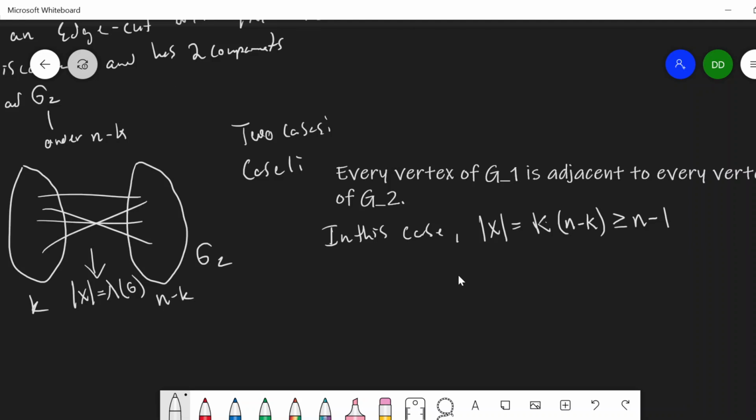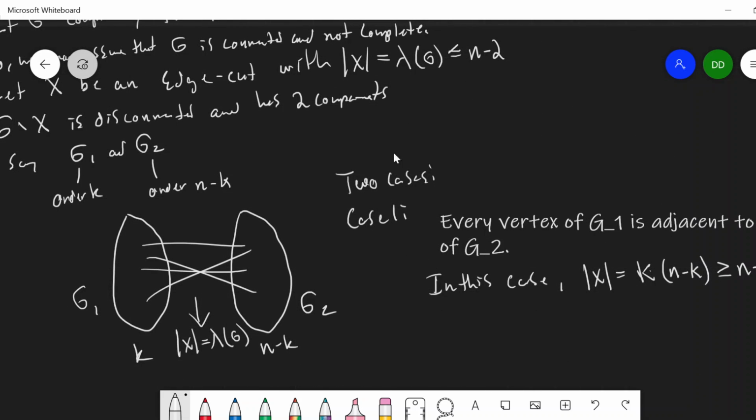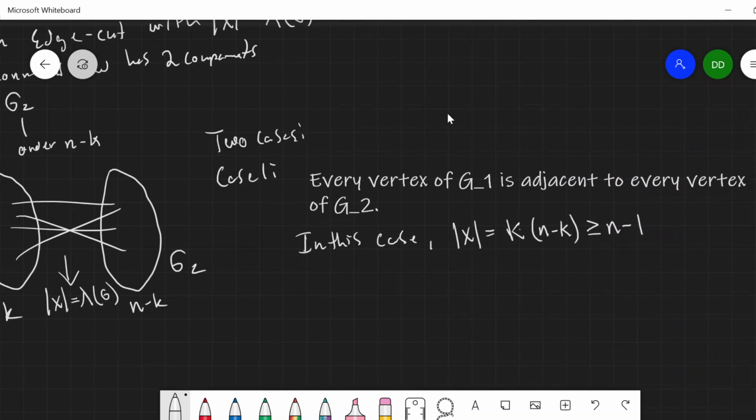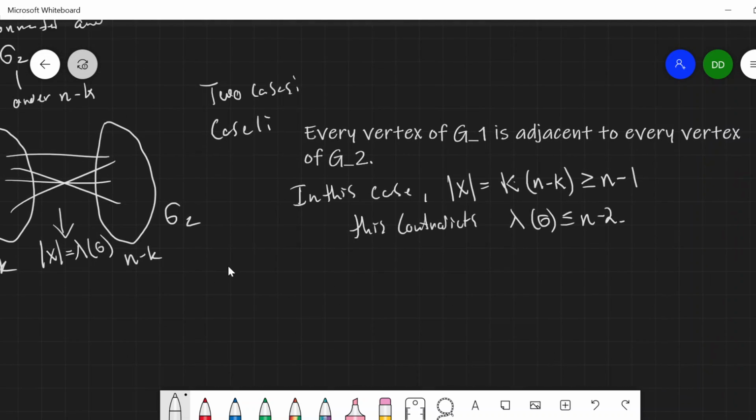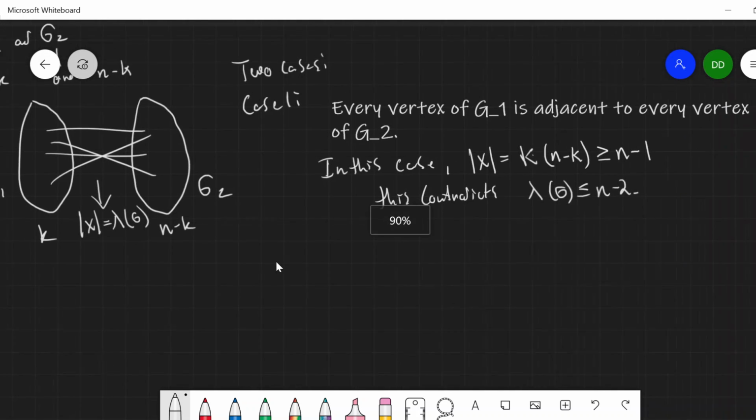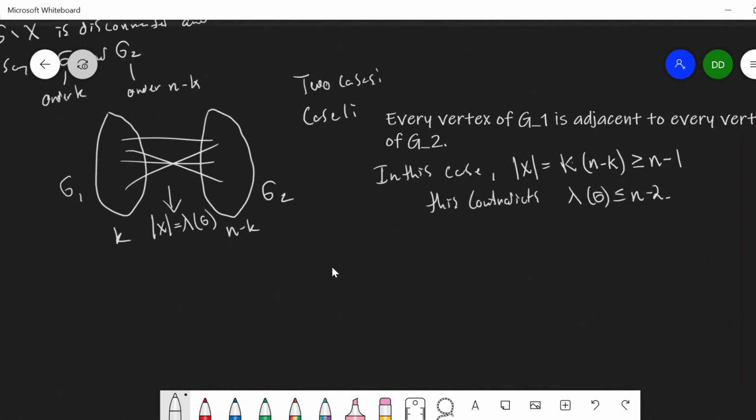However, we know that we're dealing with a non-complete graph, and so the edge connectivity is at most n minus 2, and so this contradicts the edge connectivity of G being less than or equal to n minus 2. So this case is the same argument as for complete graphs, and we don't need to consider it. We've already dealt with that fringe case.